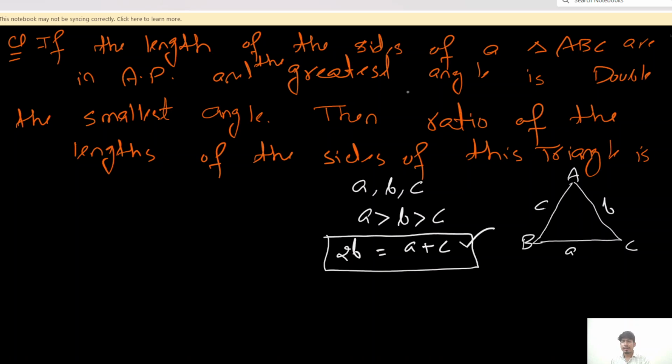And the greatest angle is double the smallest: if A is larger, this angle is greatest, and C is smaller, this angle is smallest, then A is equal to 2C.